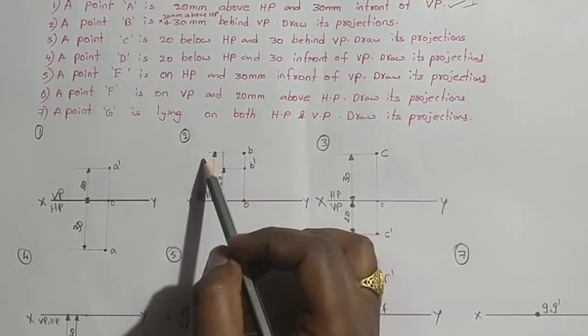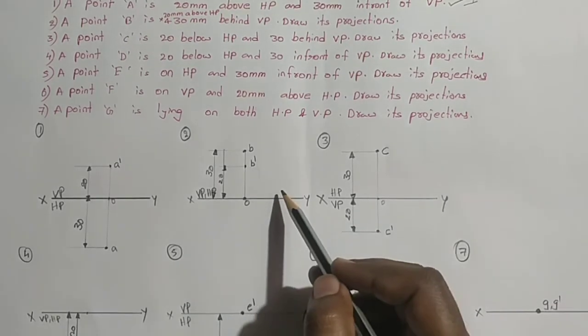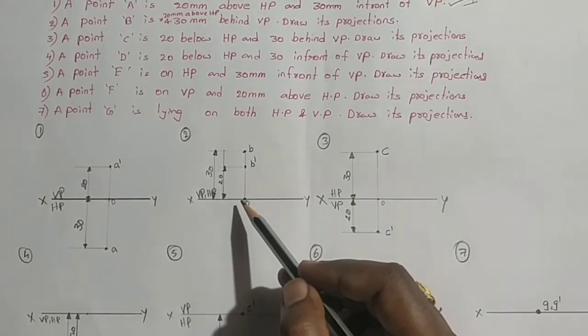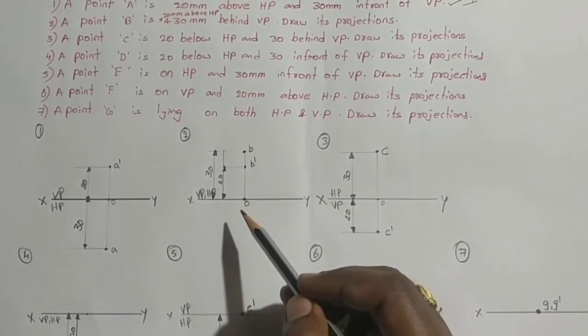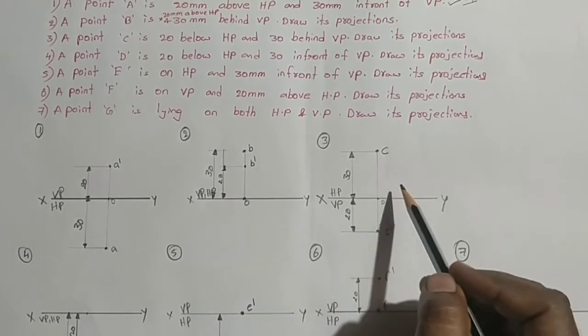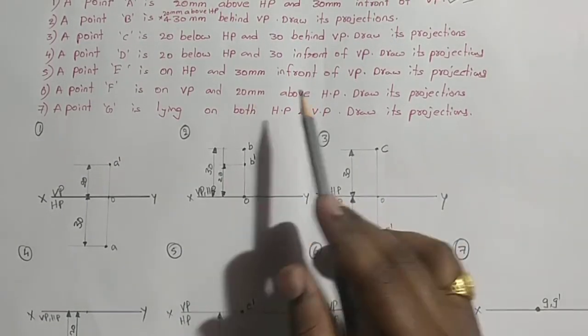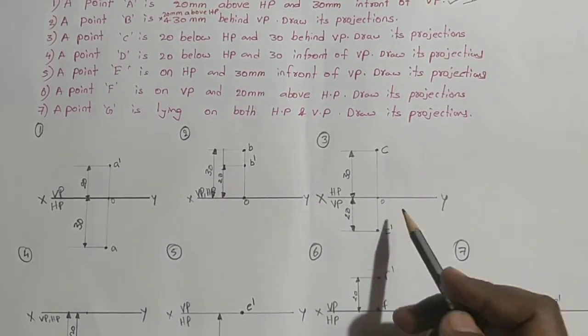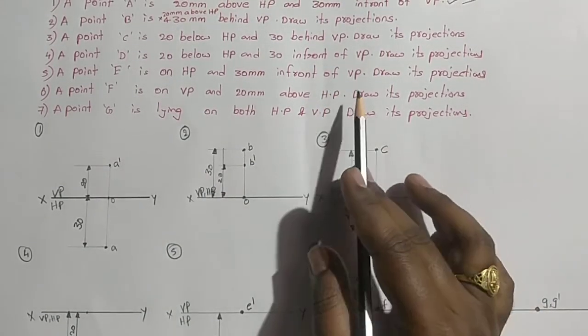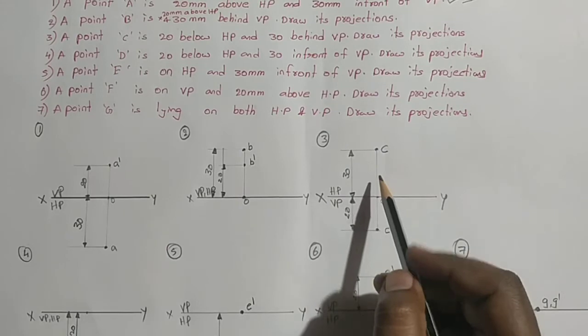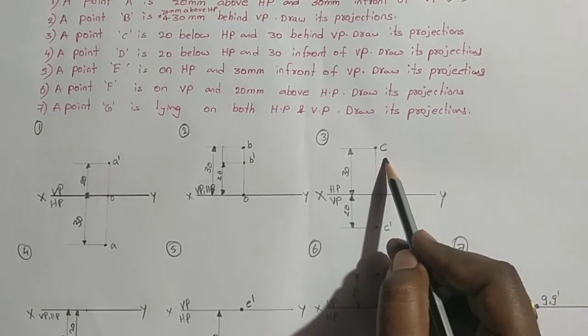Behind means above XY, and in front means below XY. In the third condition, the point C is 20 mm below HP, which is the front view, and 30 mm behind, which comes above XY. It is the top view.